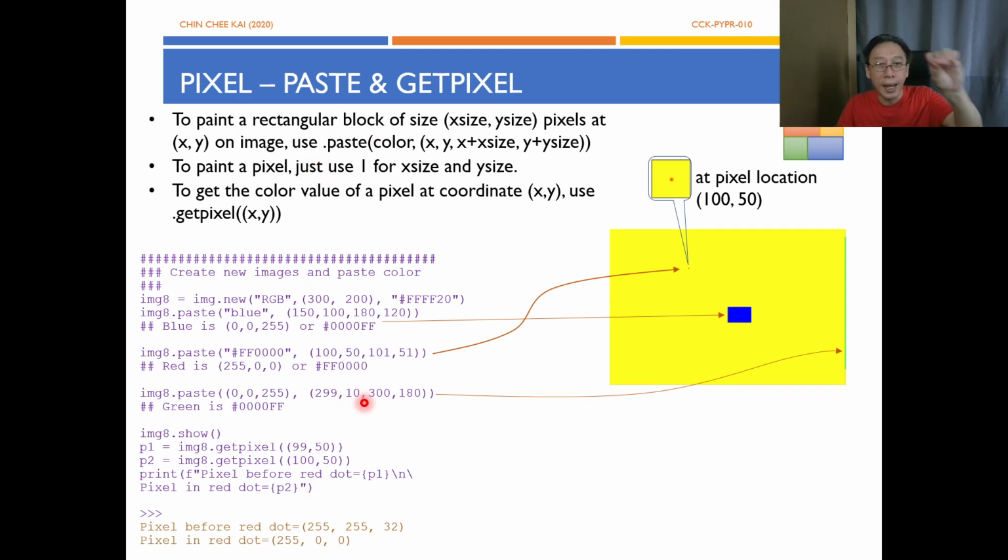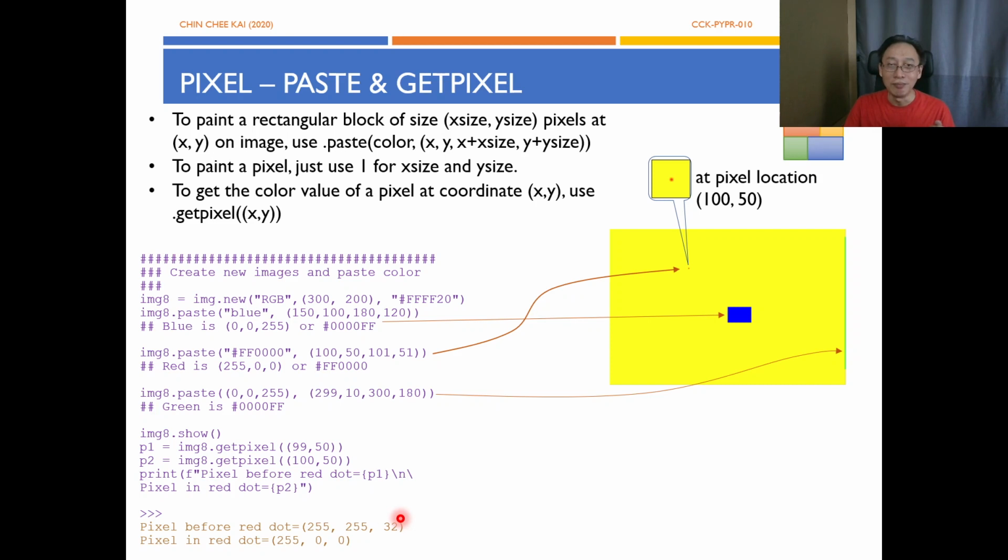If we can paste a specified color to a pixel location, can we read back the color from a specified location? Answer is yes. You can use a dot get pixel, all right, dot get pixel. So from this image8, I want to get the pixel color, all right, at the location 99, 50, which is 1 pixel to the left of our red pixel 100, 50, right? So when we print it out, it's full red, full green, little bit of blue.